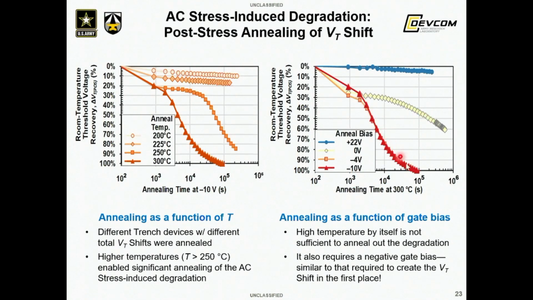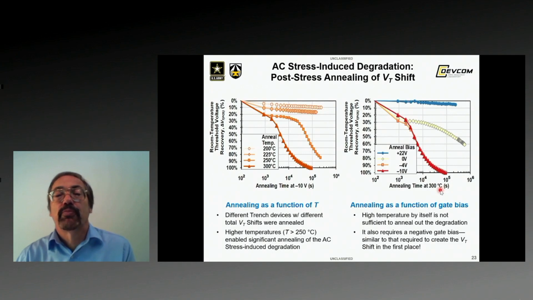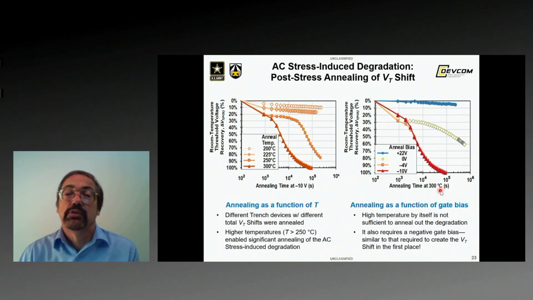And under negative bias, we see a full recovery. These were performed at 300 degrees C. So it requires high temperature and a negative bias, which is similar to the negative bias that was required to create the VT shift in the first place, which is interesting.